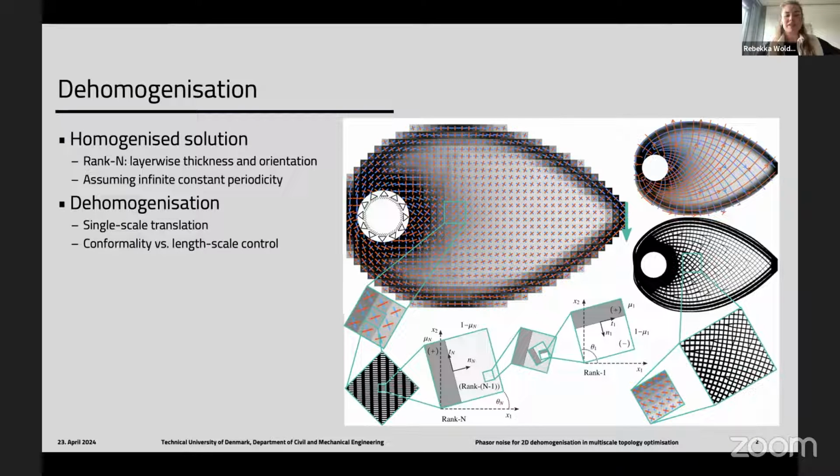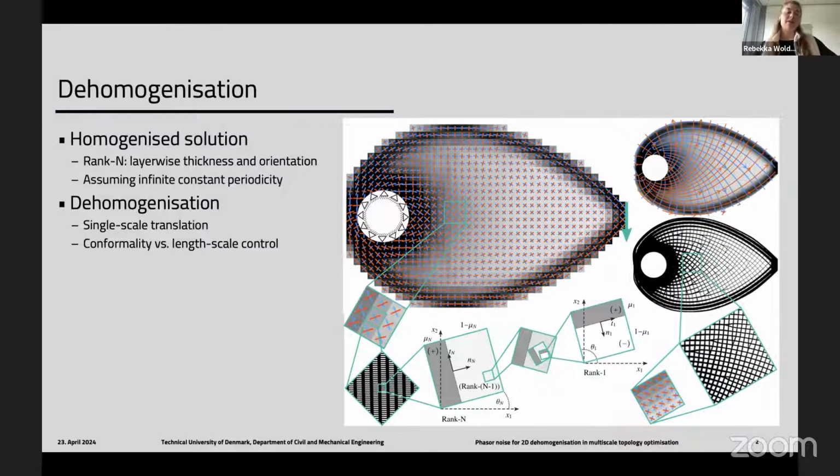So in dehomogenization, we basically start from the optimized homogenized solution, considering these rank n laminates, which are given layer-wise by sets of thicknesses and orientations, with an underlying assumption of infinite constant periodicity and perfect microstructural bonding.